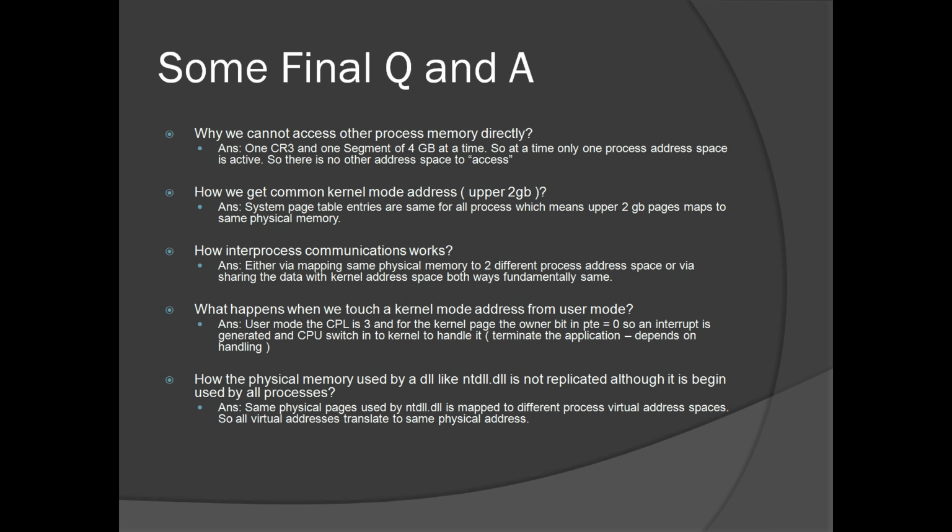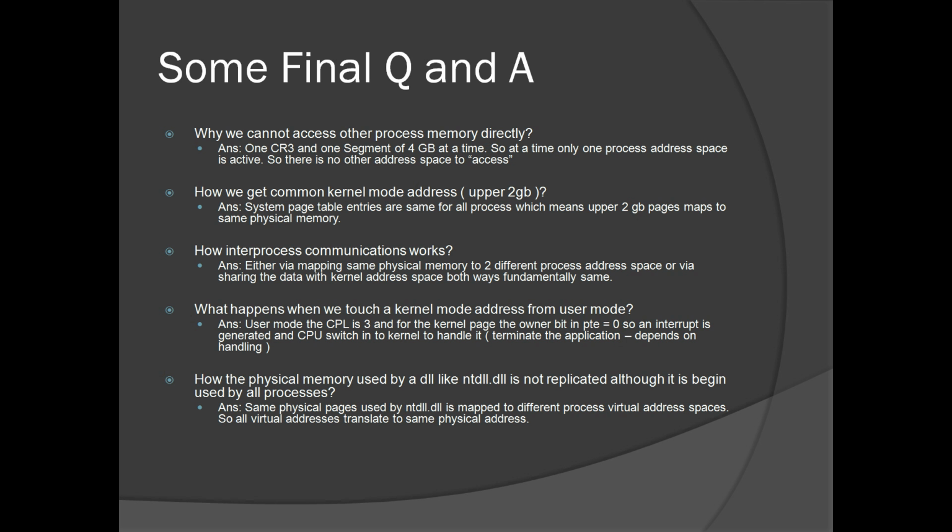So at any time, only one process address space is active. So there is no other process address space to access at that point in time, because that particular CR3 is pointing to that particular process address space. When the context switches to a different process address space, as we have seen before, the CR3 register changes and the translation scheme changes, and the translation changes to a different physical memory.